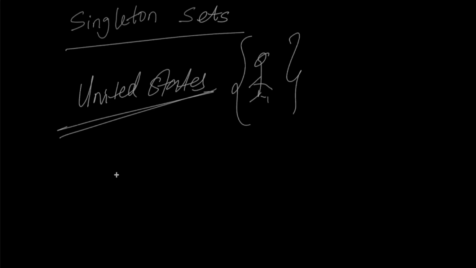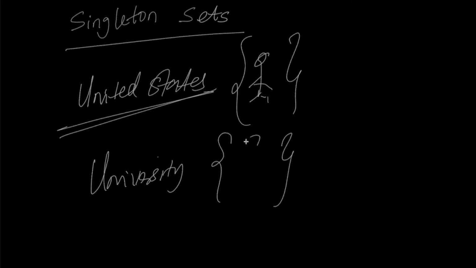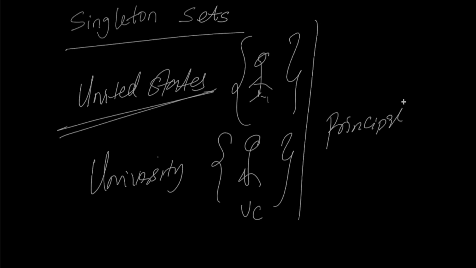You have a university, and at each point in time it has just one VC, Vice Chancellor. A country, just one president. These are called singlet sets. Or in a secondary school, we only have one principal per time. Such is called a singlet set. Hope this is understood.